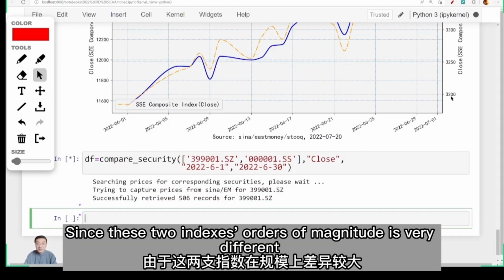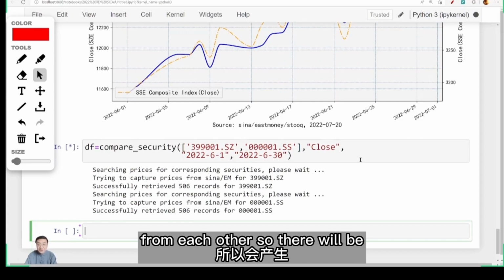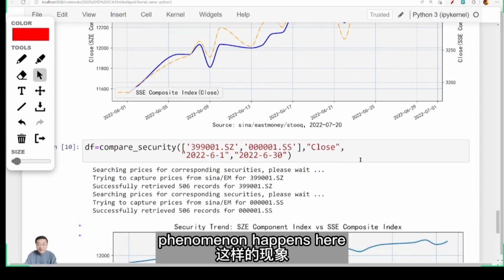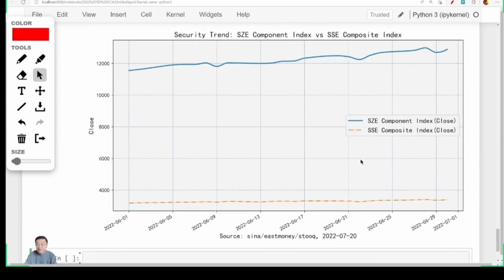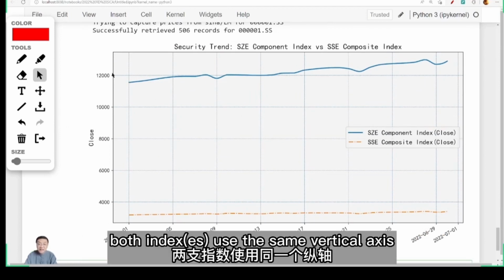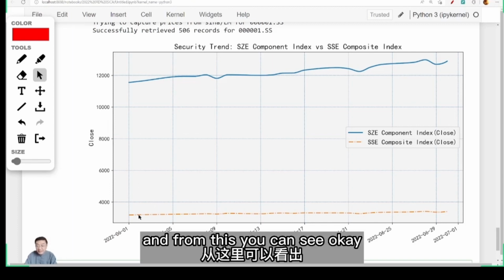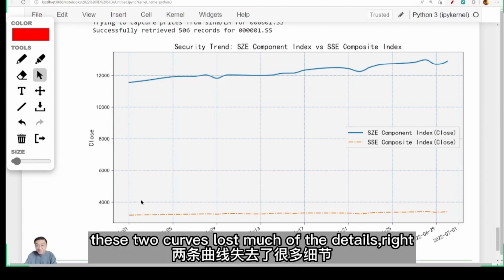Since these two indexes' orders of magnitude are very different from each other, a phenomenon happens here. The new picture will look like this. Both indexes use the same vertical axis, which is the close price. And from this, you can see that these two curves lost much of the details, right?